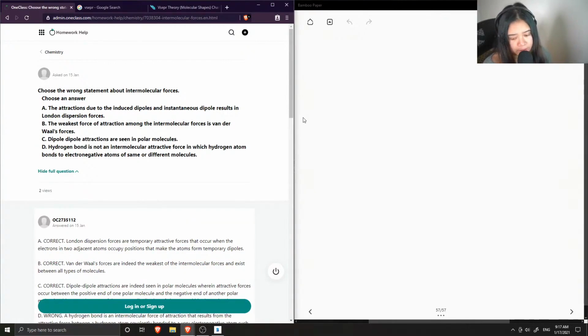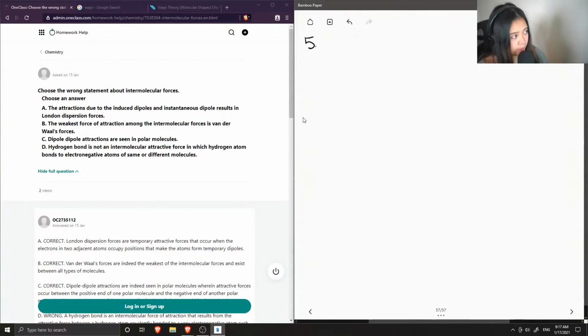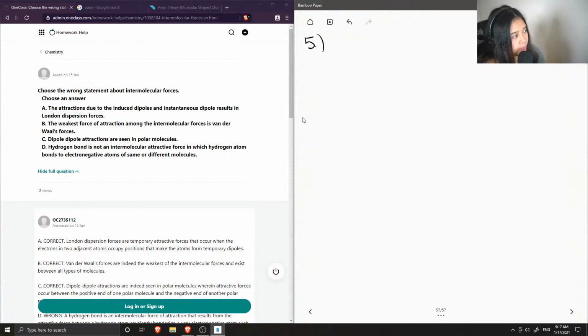Okay, so question number 5. Choose the wrong statement about intermolecular forces. So for A, the attractions due to the induced dipoles and instantaneous dipole results in London dispersion forces.